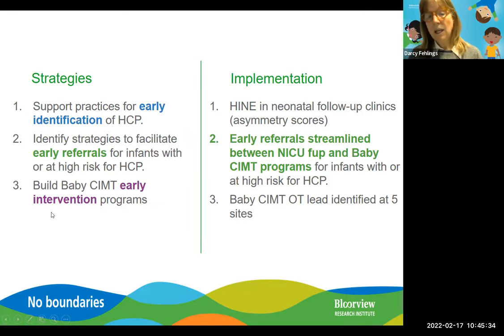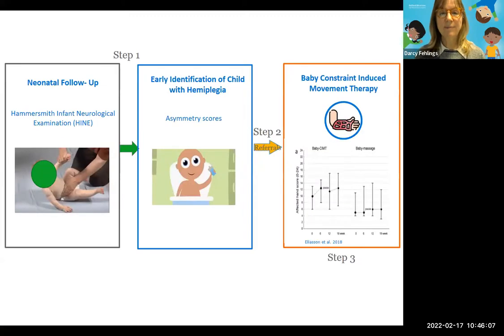And 3, we facilitated support for building baby CIMT early intervention programs. And the mechanism for this particular action was to work in partnership with our children's rehabilitation centers. We had 5 sites that agreed to be involved, and we identified a baby constraint OT lead at each of these 5 sites.